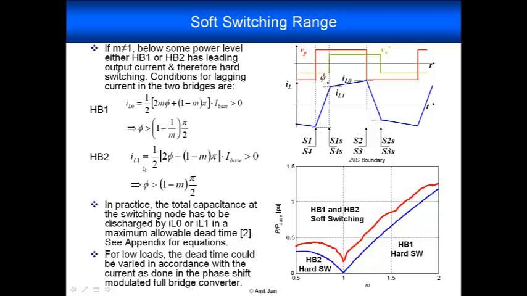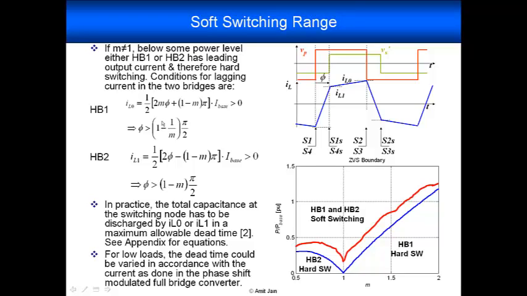So for example, if the output voltage is less than the input voltage, then m is less than 1, and then IL0 greater than 0 is guaranteed if phi is greater than 1 minus 1 over m. Because m is less than 1, this quantity is negative, so as long as phi is greater than 0, then we get soft switching.